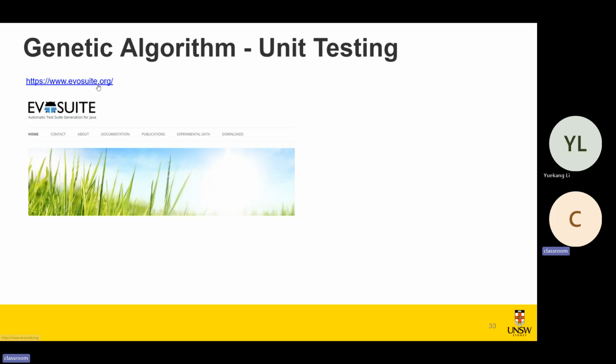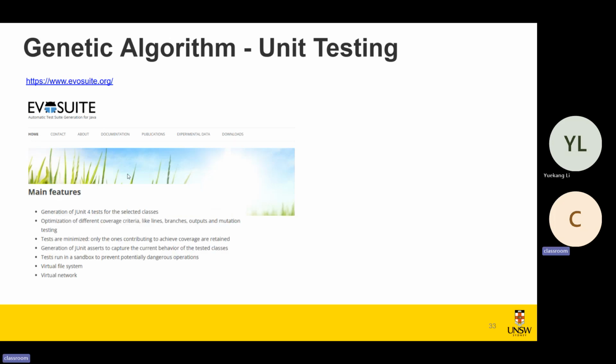If you click on this link, you can get to this website. It's a very successful unit test generation framework. You can use it to automatically generate unit tests for any given piece of Java code.